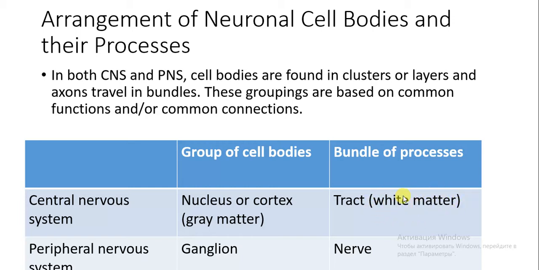Groups of cell bodies are gray matter. Gray matter is the thinking part, white matter is the part for transmission of signals. But in the peripheral nervous system, once again, groups of cells are known as ganglia, like the dorsal root ganglion we just discussed, and bundles of processes are known as nerves.